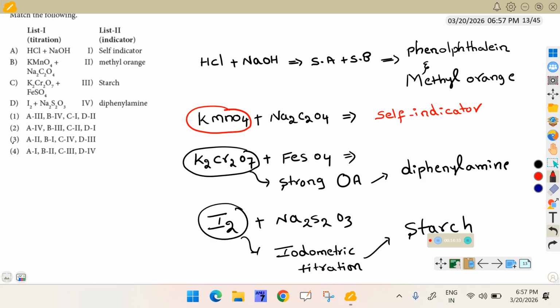Match the following. HCl plus NaOH: HCl is a strong acid, NaOH is a strong base, so you can use either phenolphthalein or methyl orange indicator. KMnO4 plus Na2C2O4: we know that KMnO4 acts as a self indicator.